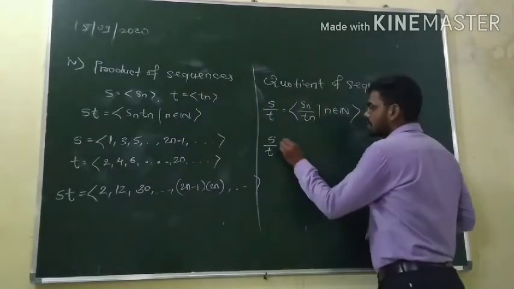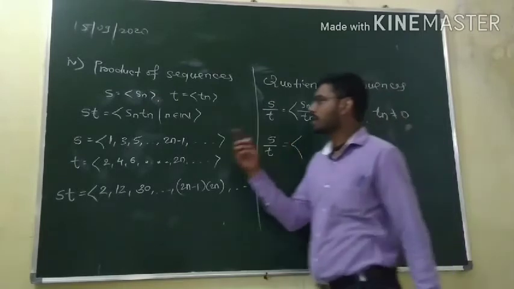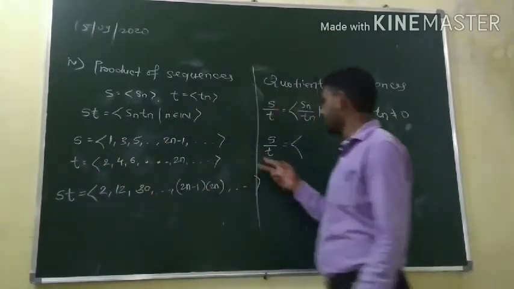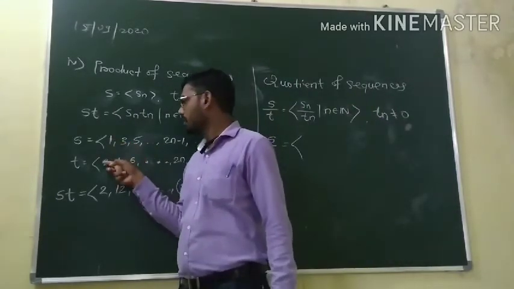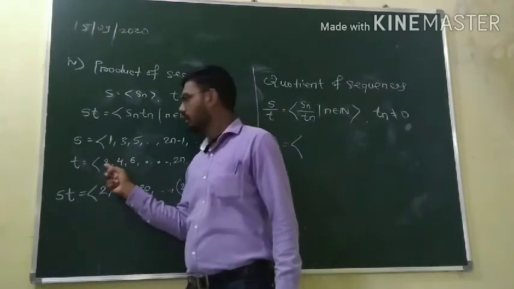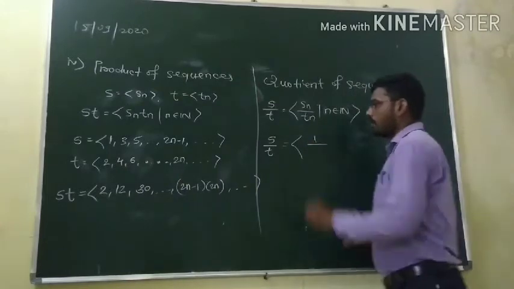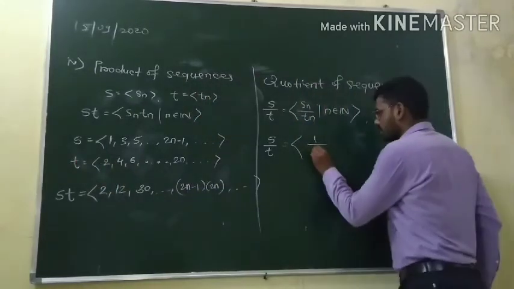The elements of the sequence S by T are formed by division of the elements. So what is the first element of S by T? Take the division of 1 by 2, that is, divide the first element of S, which is 1, by the first element of T, which is 2. So 1 by 2.